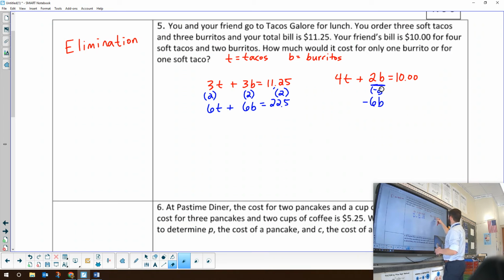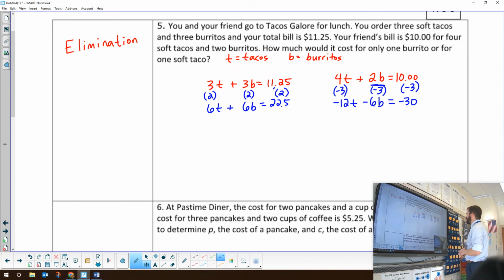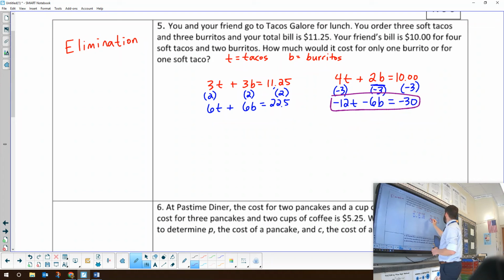So I'm going to multiply this by negative 3, and this by negative 3, and this by negative 3. So that's going to become negative 12t equals negative 30. All right, awesome stuff. Now, all I need to do is take this part right here and write it underneath this.